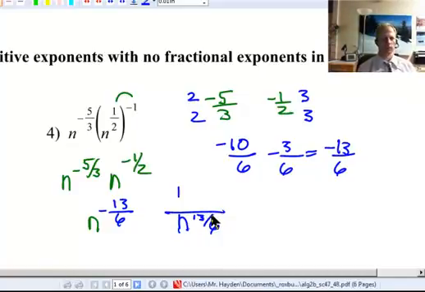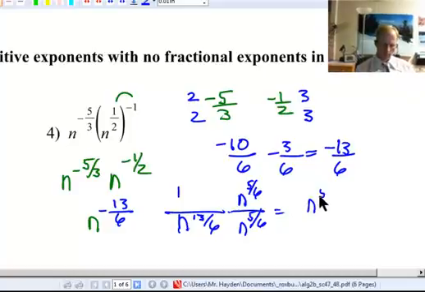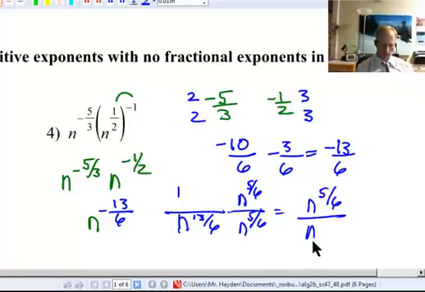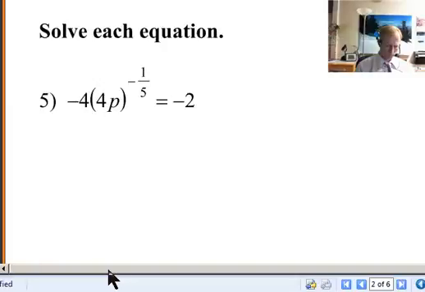Well, 13/6 is 2 and 1/6, so that means I'm going to need to multiply by n to the 5/6 over n to the 5/6, because I have to add 5/6 to 2 and 1/6 to get up to the next highest integer, which in this case is 3. So when I multiply, I end up with n to the 5/6 over n cubed, and that is the simplified version of the expression that I'm looking for.